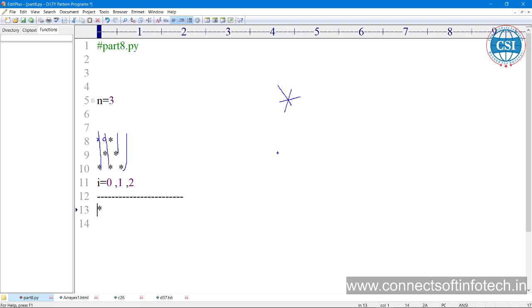This is the star I want to print here, and the second row has 2 stars, and the third row has 3 stars. So here is one space, here is one space, here is one space.